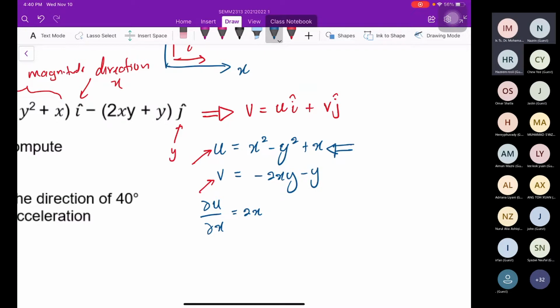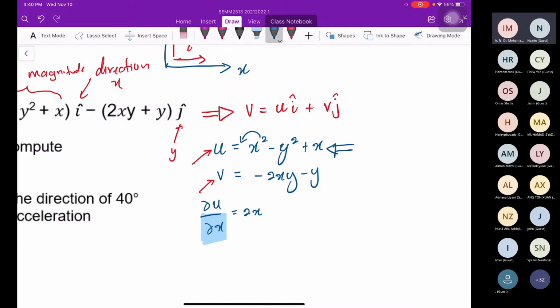Okay, class, please understand the concept of differentiation. We must refer to this concept. When we refer to x, the others will be constant, so y will be constant, and differentiation of a constant becomes 0. So we only focus on x. The x squared, the power moves here, minus 1, so 2x.